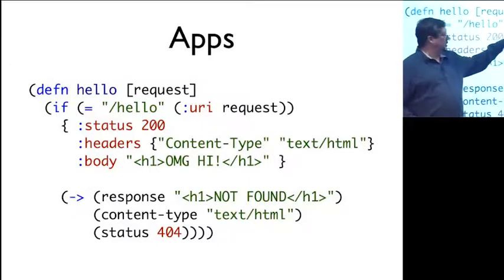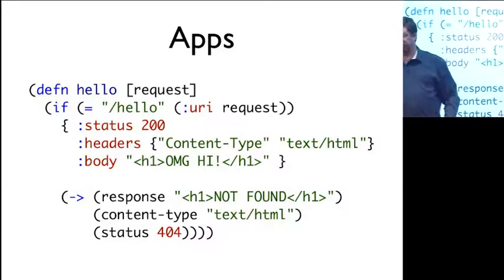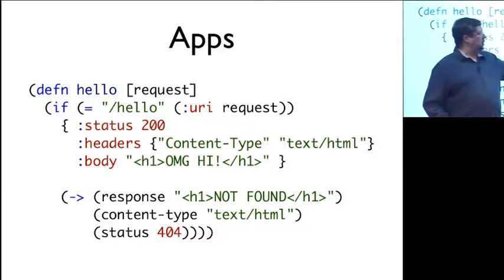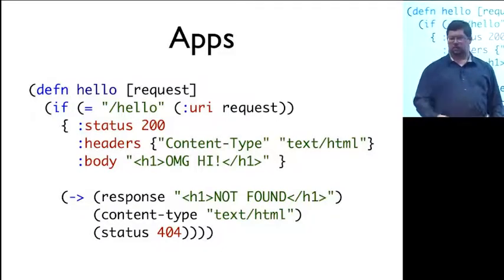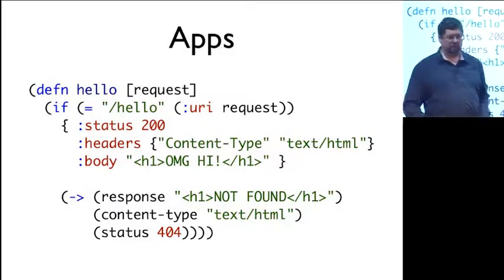And the semantics of a keyword when used as a function is: look myself up in this collection using myself as the key. So this is essentially request.get URI.